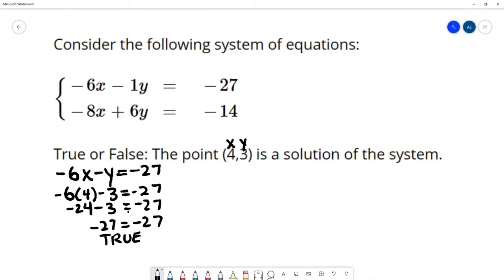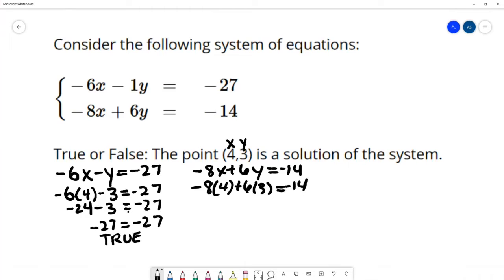Now I'll check to see if it's also true for the second equation. Negative 8x plus 6y equals negative 14. Substituting the 4 and 3 will give negative 8 times 4 plus 6 times 3 equals negative 14.